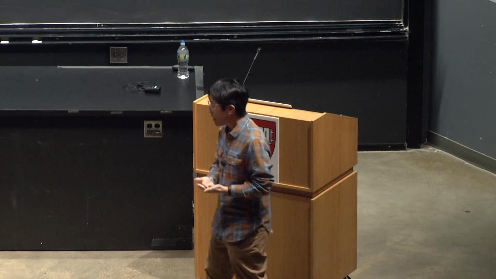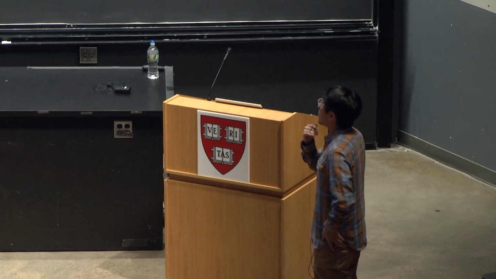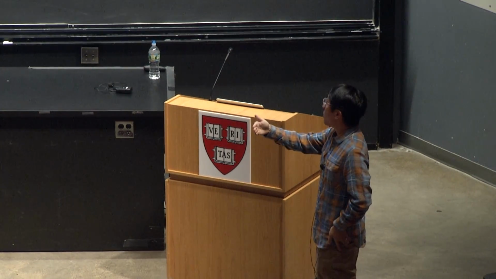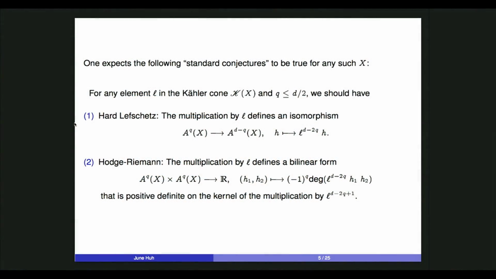More precisely, it predicts that the bilinear form defined on Q's graded piece A to the Q, obtained by saying that the pair H1 and H2 is mapped to, up to some sign, minus 1 to the Q, times the degree of L to the D minus 2Q times H1 times H2, is positive definite. Not on the whole space, but when you restrict to the kernel of the multiplication by L to the D minus 2Q plus 1.